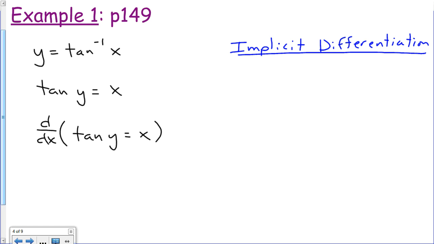But I just want to refresh your memory on a couple of things to remember with implicit differentiation. If you take the derivative of x with respect to x, that's d/dx of x, you can move that x into the numerator and write this as dx over dx, which of course is equal to 1.